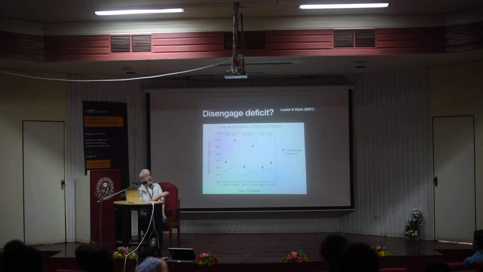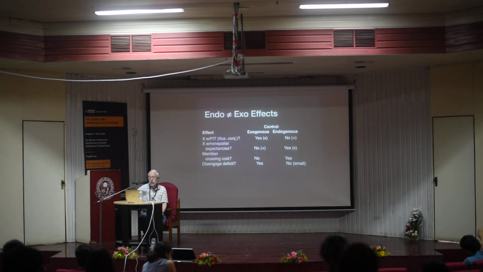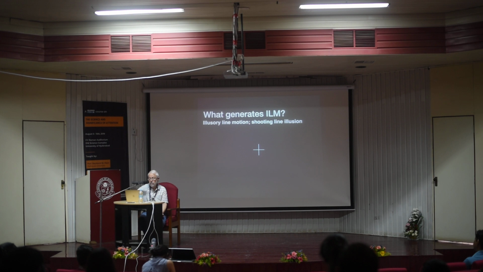We call it conflated case where the cue is peripheral but means something. And it's not absent, by the way, but it's very much smaller if you only use endogenous or central arrow cues. So I consider that another dissociation. The disengaged deficit is robust with exogenous cueing, but it's small with endogenous cueing.